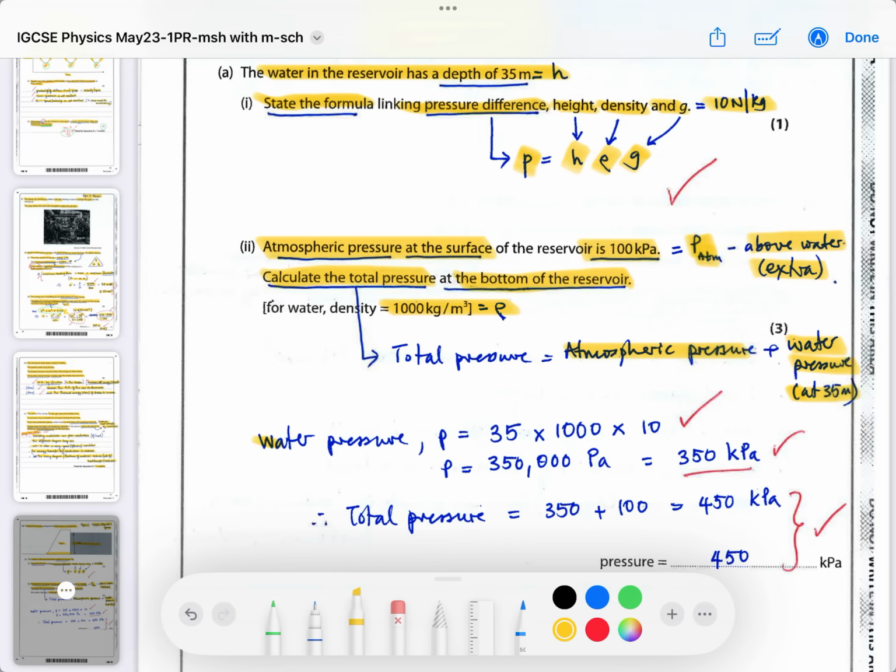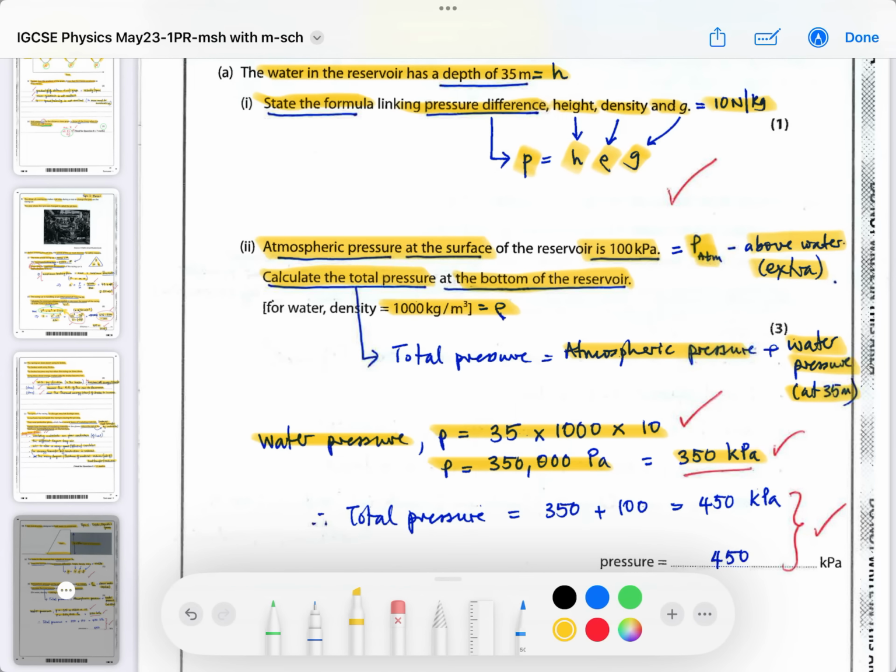So let's just work out the water pressure first. So the water pressure is P, which is 35 times 1,000 times 10, using the equation we quoted above. 35 height times 1,000 density times 10 gravitational field strength give you 350,000 pascals, or 350 kilopascals.